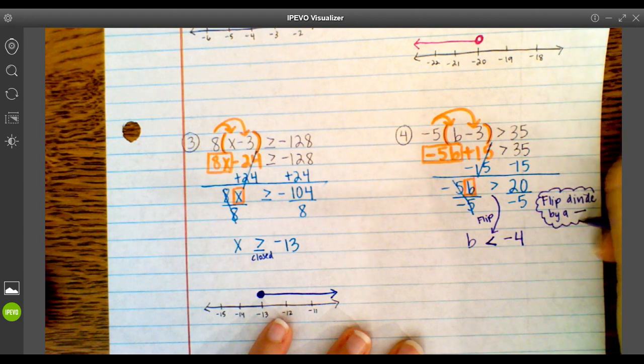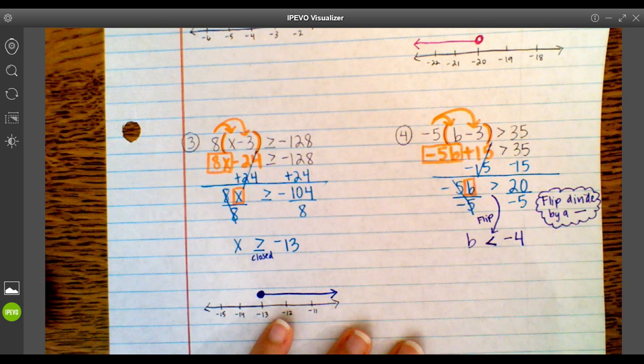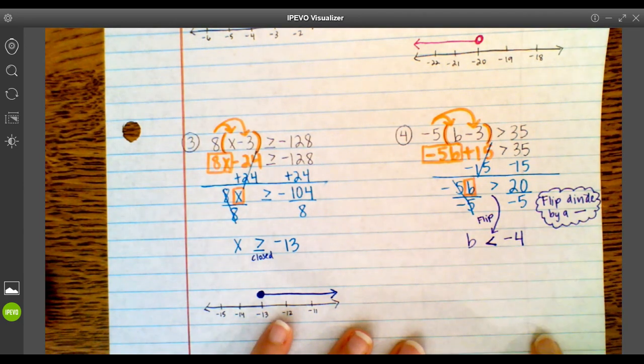At that point, you flip the sign. Why? Because you're going from something positive now to something negative. And when that happens, guys, you're dividing by a negative or multiplying by a negative. And we'll make a note of that down at the very bottom here.